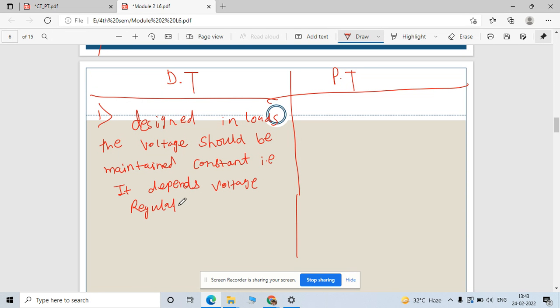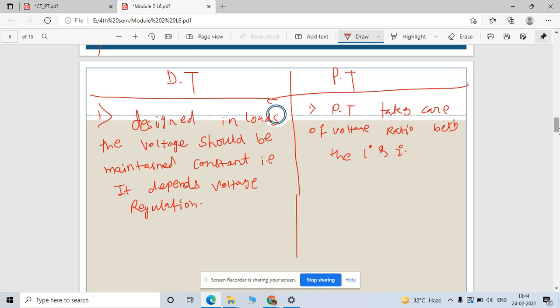So you can say for this, in PT case, you can write here: PT takes care of the voltage ratio between the primary and secondary.